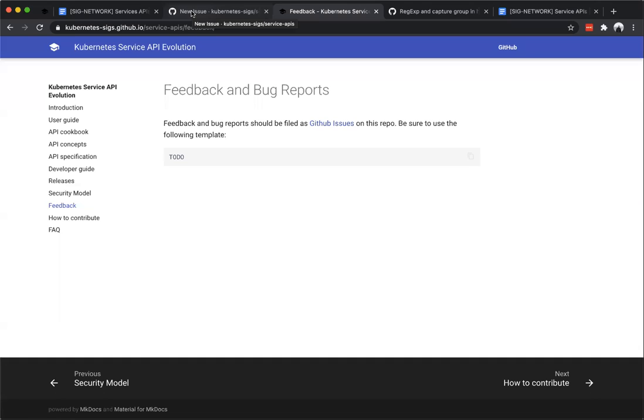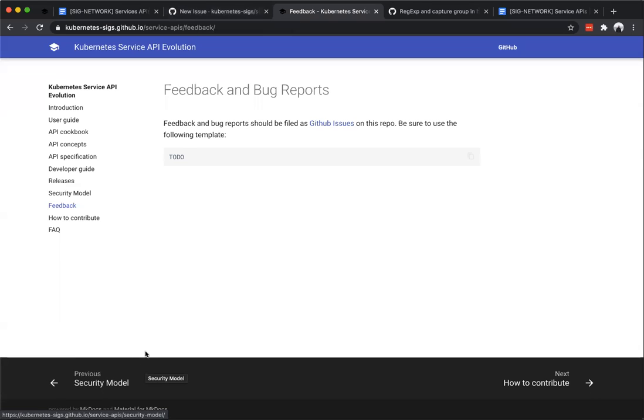Rob, can you stay there for a second? I know we discussed this a little bit last week, where we talked about documentation and maybe taking a step back and assessing the overall structure of our documentation. This may be a good example, where, is feedback part of how to contribute? That is actually a way to contribute.